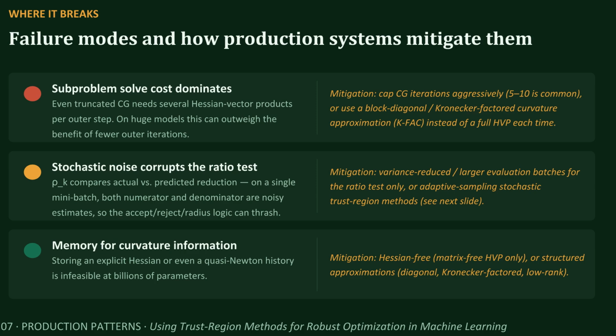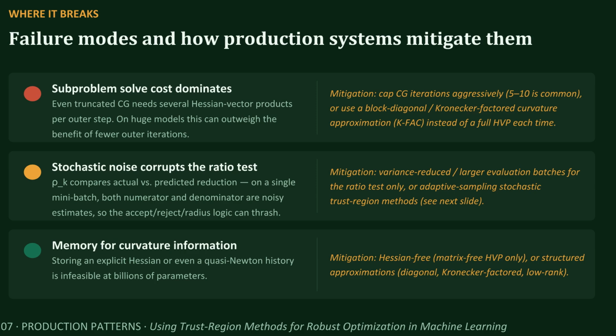Second, stochastic noise corrupts the ratio test. Remember, rho compares actual reduction to predicted reduction. But on a single mini-batch, both of those numbers are noisy estimates. That means the accept, reject, and radius adjustment logic can start to thrash. The fix is either larger, variance-reduced batches used specifically for the ratio test, or adopting adaptive sampling stochastic trust region methods, which we'll get to shortly.